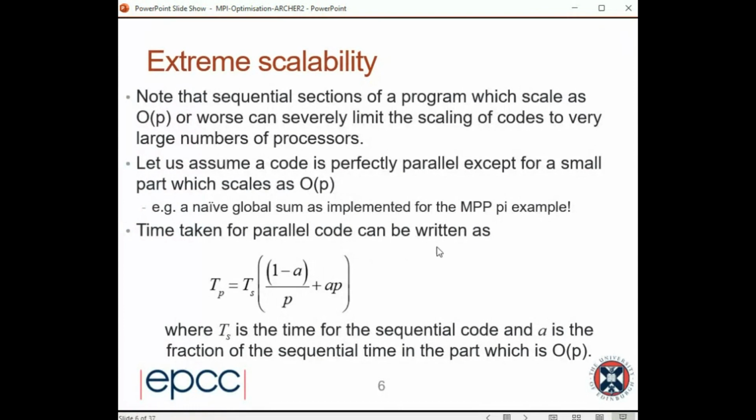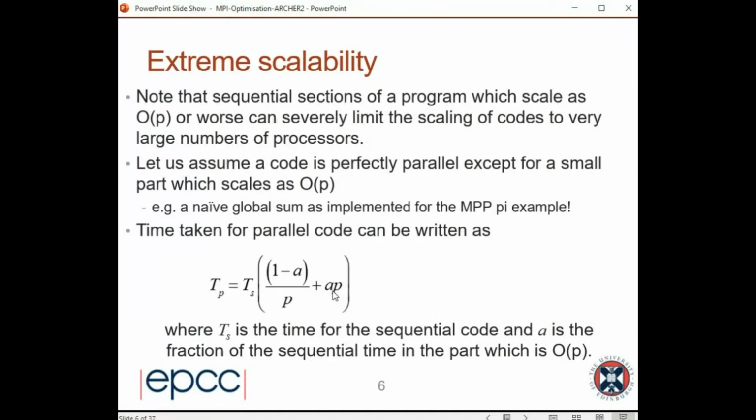So the time taken for the parallel code, this is just a modification of Amdahl's law. Alpha is the percentage of serial code. Amdahl's law with the parallel times is the sequential time times the fraction which is parallel divided by the number of processes, plus a constant. But here we're saying, imagine that there isn't a constant overhead, that overhead scales with the number of processes. And there are lots of times you can think of naive approaches which do that.